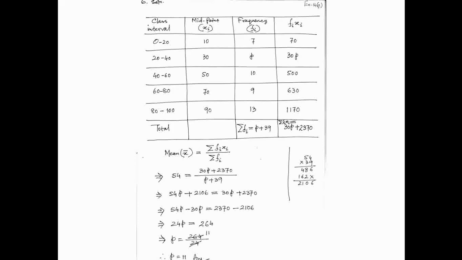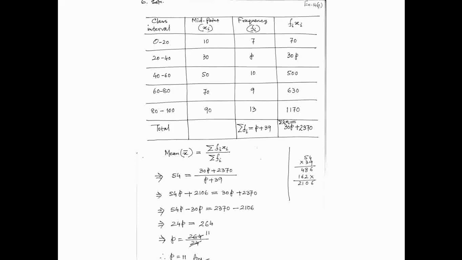And in the last column, sigma Fi Xi, we are getting 30P plus 2370. Except 30P, if you add the other numbers, you will get 2370. So you apply the formula, you will get mean equal to sigma Fi Xi by sigma Fi.